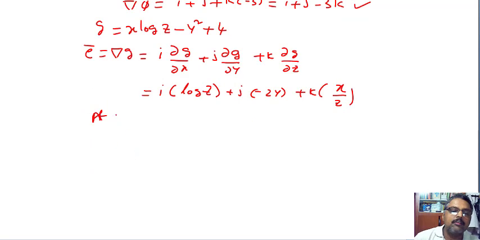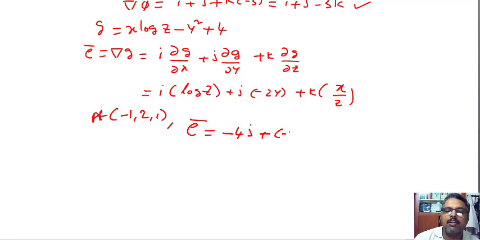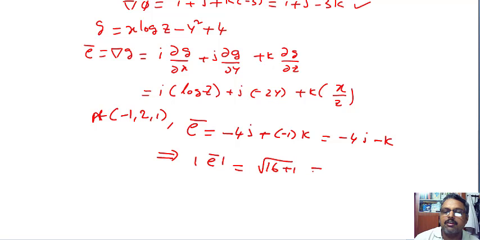At the point, e bar equals log 1, which is 0, so that is minus 4j plus x by z, which is minus 1, into k. That is minus 4j minus k. So mod e bar equals square root of 16 plus 1, that is root 17. Okay.